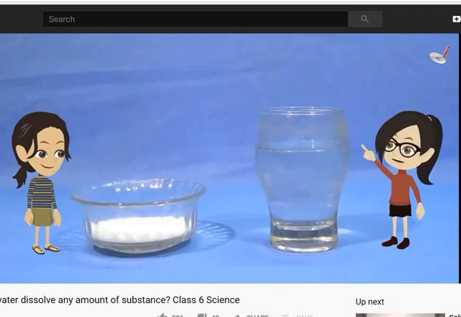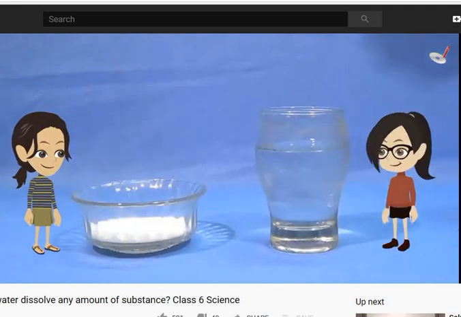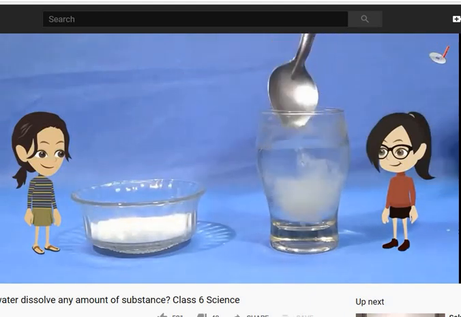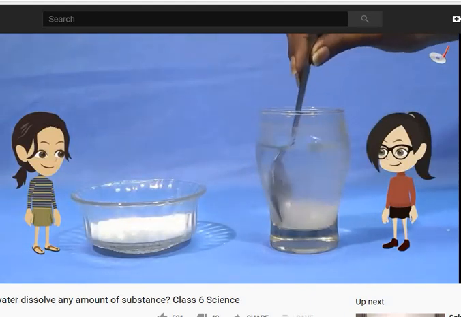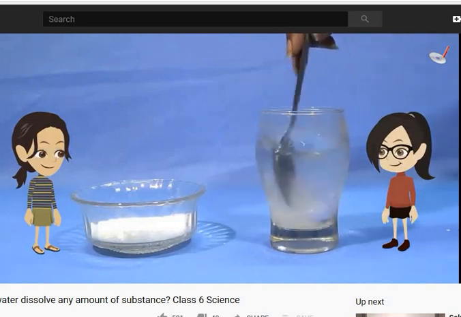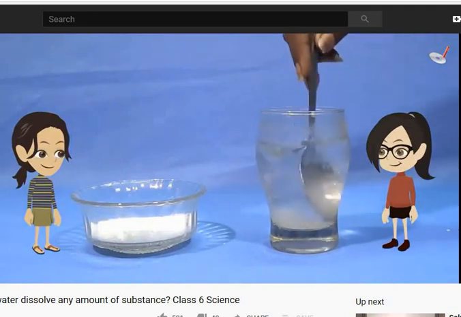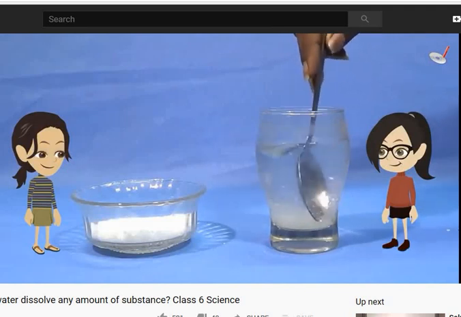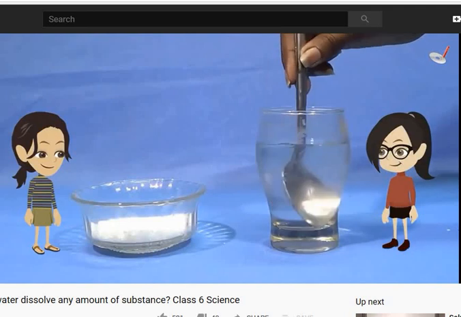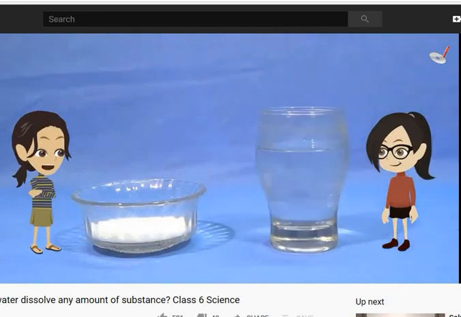Put a spoonful of sugar into the water, miss. See, a spoonful of sugar completely dissolved in a glass of water. Wait, we shall add more sugar now.